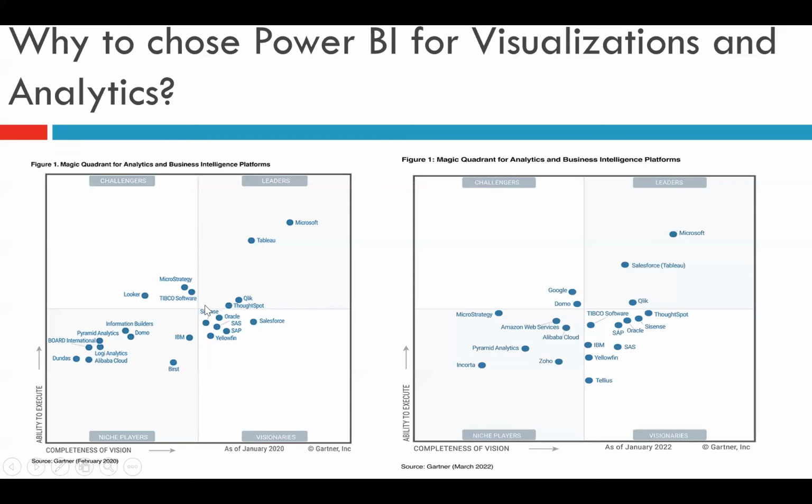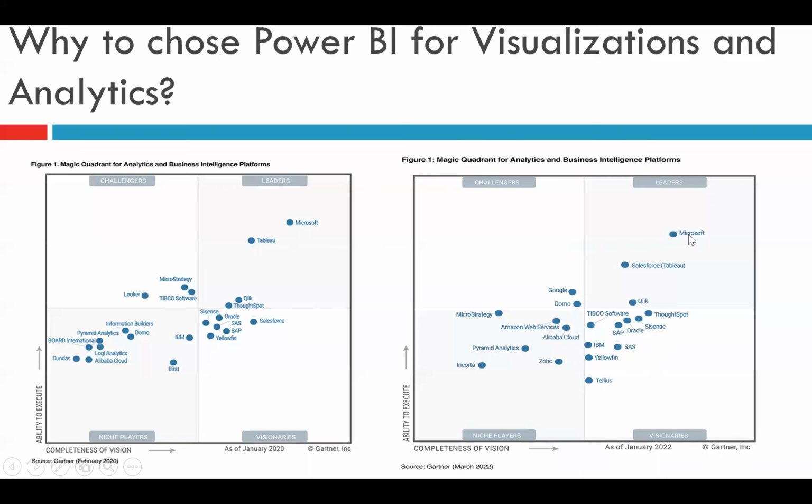So you can see in this leader quadrant, these are the tools where you have Microsoft at the top. Then you have Tableau, QlikView, ThoughtSpot. These are the leaders, and you have MicroStrategy, Looker, TIBCO as challengers. In the leaders, at the top you have Microsoft Power BI.